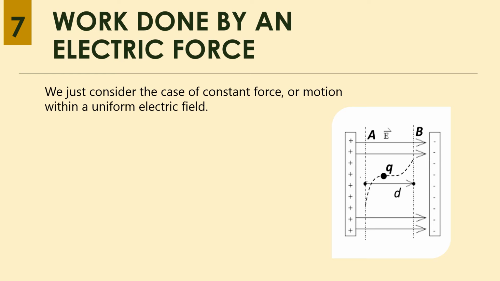So as a particle or a charge moves from a point of level A, as you can see here, towards another level, which is B here, regardless of the path it follows, the work done by the electric force as we move from level A to level B, as you can read here, equals the charge itself multiplied by the potential difference from A to B. Now, A to B, initial minus final, reminds me a lot of the work done by the gravitational force, which was mg, height initial minus height final.